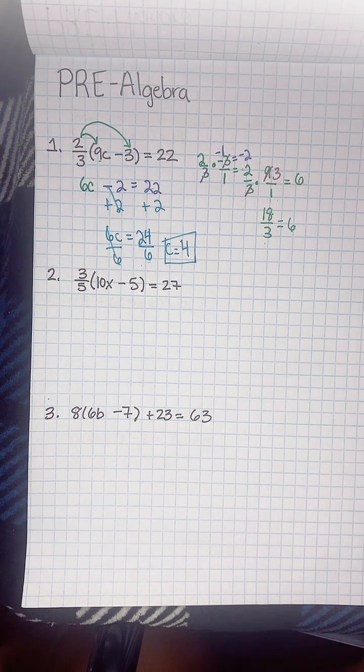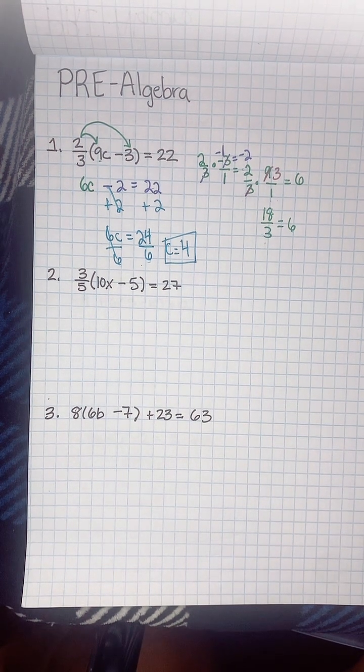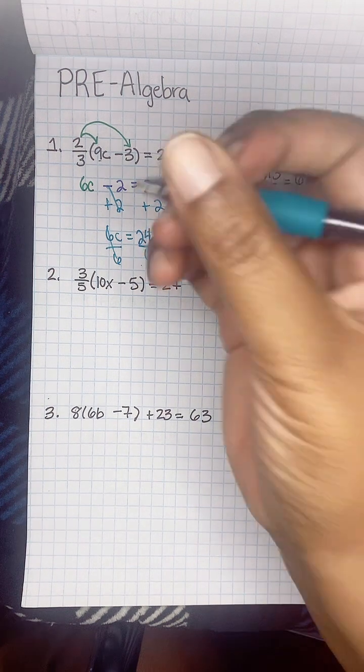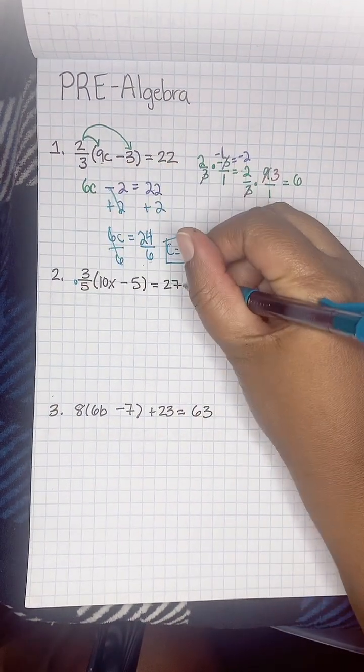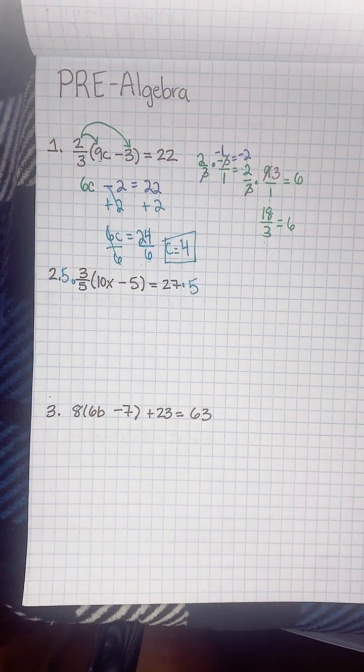Oh, let me see. I'm a STEM major and we do not need to know how to solve these equations. What STEM major are you? So we're going to multiply both sides by 5. Perfect.